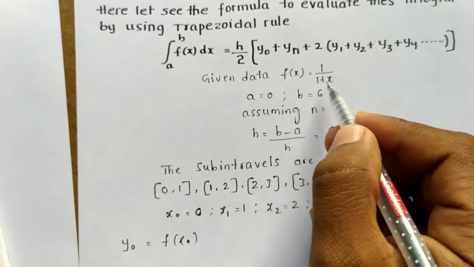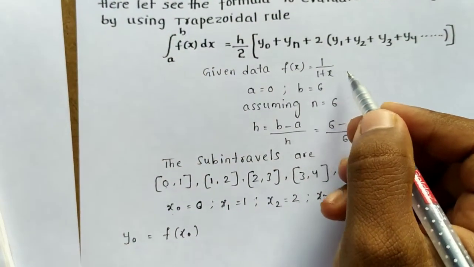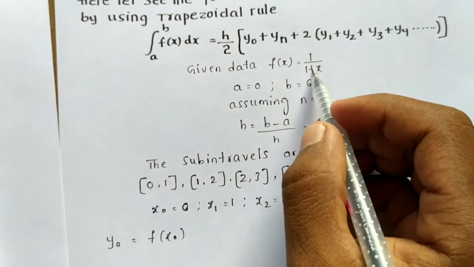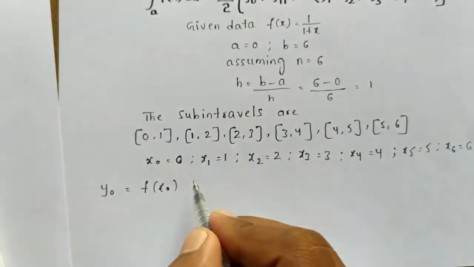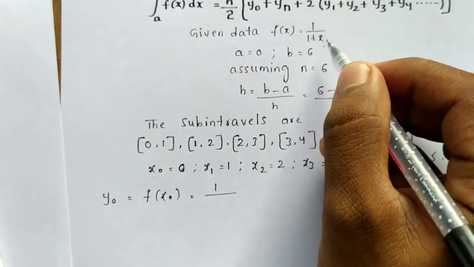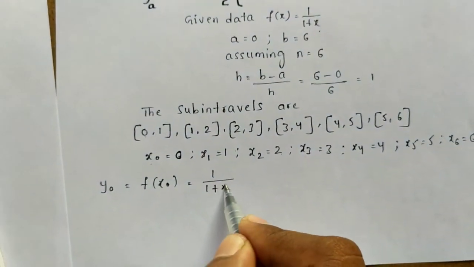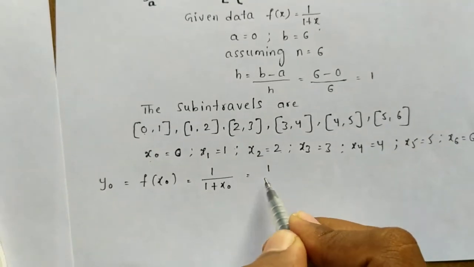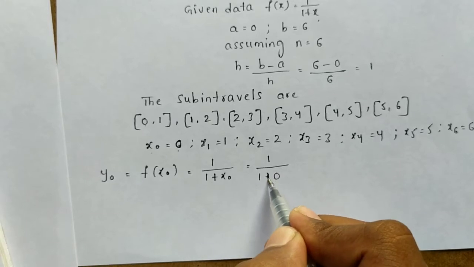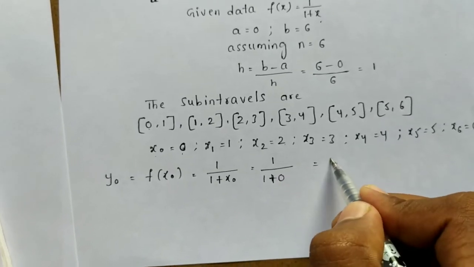Here f of x we already know is 1 by 1 plus x. Substitute the x0 value in f of x. In place of x, write 1 plus x0, so 1 by 1 plus 0. Here the value is 1.